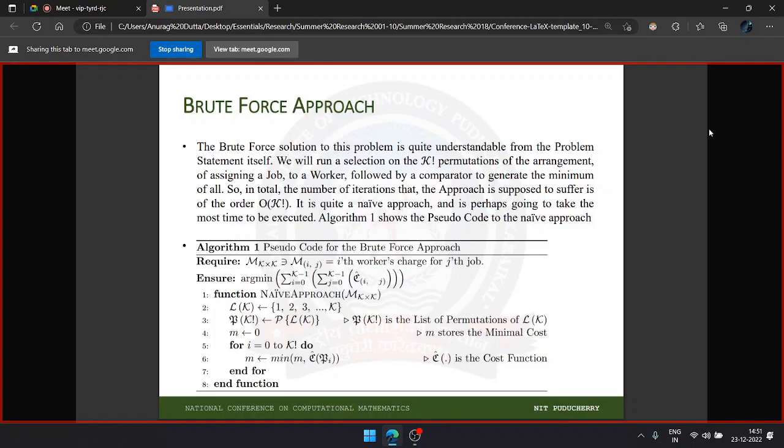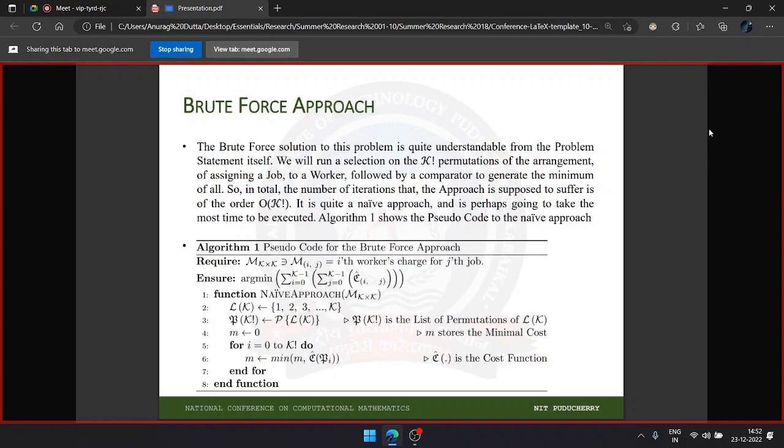So, the total number of iterations the approach suffers is of the order O of k factorial. It is quite a naive approach and is perhaps going to take the most time to be executed. Now, if we make use of some approximation, like Stirling's approximation, we could represent k factorial in exponential terms. So it is going to be a hard problem in CS.